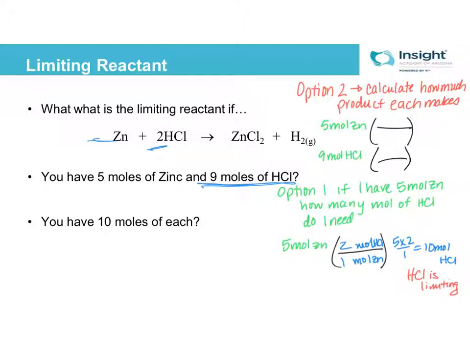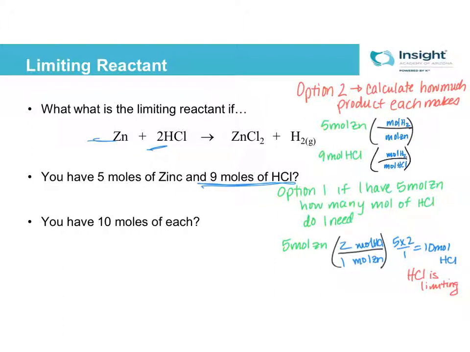The key is make sure you calculate the same product for both. So I can do moles of zinc to moles of H2. It doesn't matter which one you choose, just choose one of them. And my molar ratio for the other one is going to be moles of HCl to moles of H2.